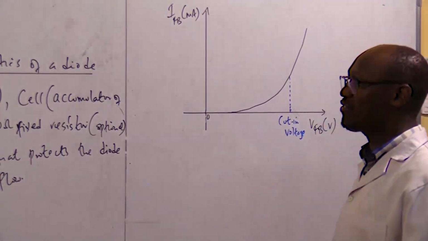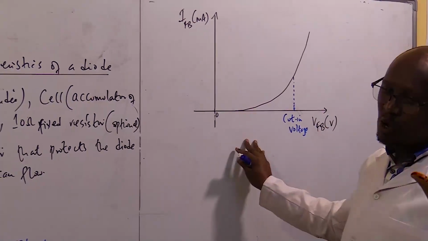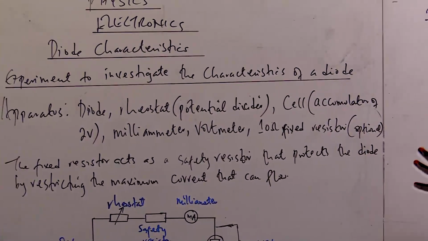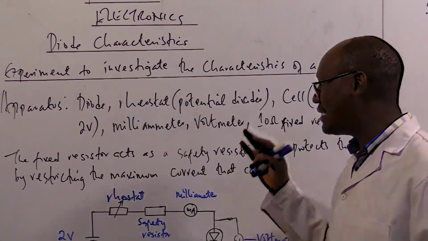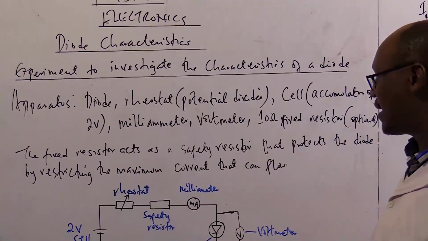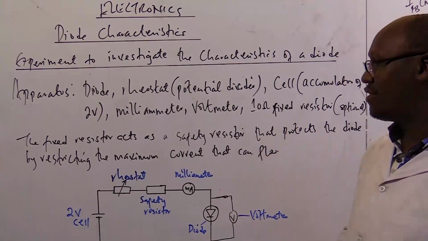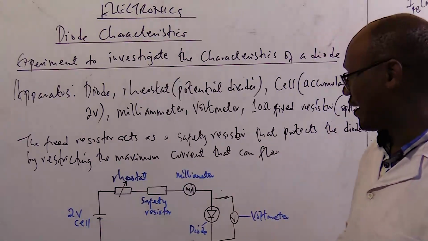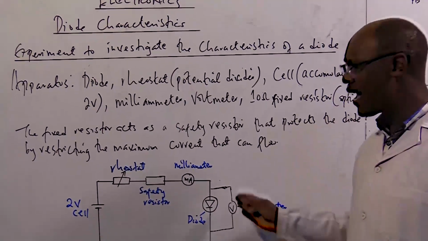Now that brings us to the close of the first part on the observations and explanation with regard to our experiment that we have talked about, whereby you are determining the characteristics of a diode in forward biased mode and reverse biased mode. We have said this is how our diode will be arranged.